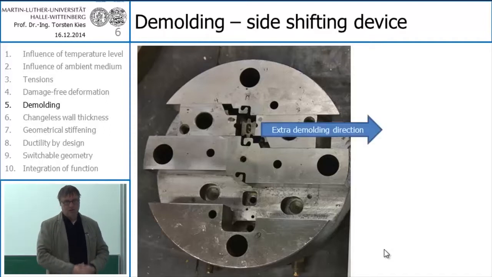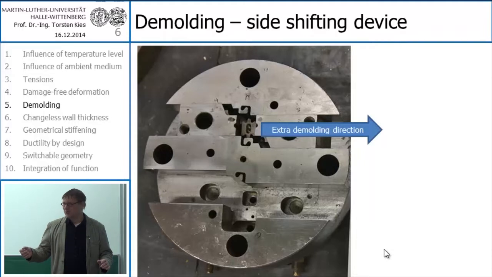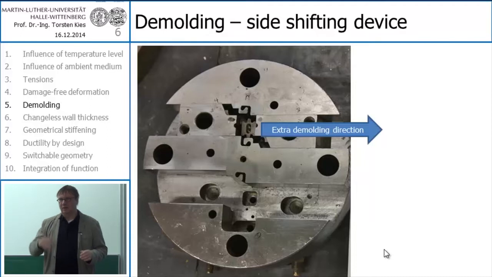What I want to show you is an extra demolding direction with this kind of molds, and that shall be the end of our look into the room from the position of the door. We can do it much more complicated. What you find in the book is an order.